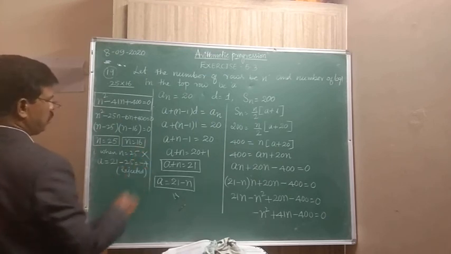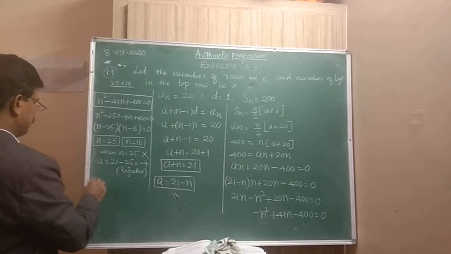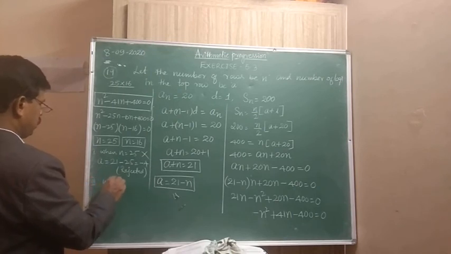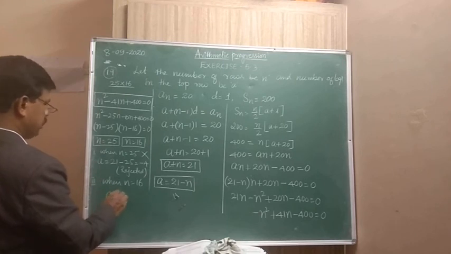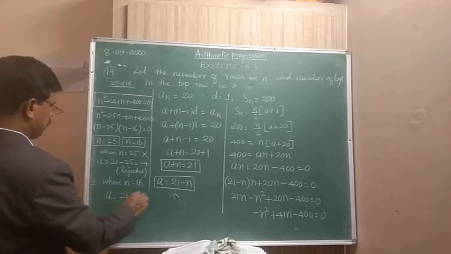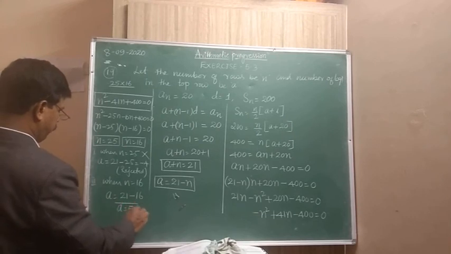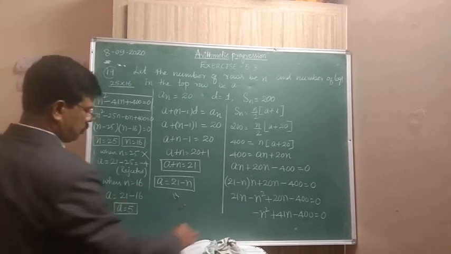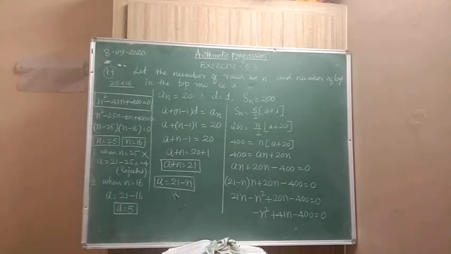So the number of rows cannot be 25. The second case is when n is equal to 16: a is equal to 21 minus 16, so a is equal to 5. This is the first row. How many logs are there? 5 logs are there. Clear?